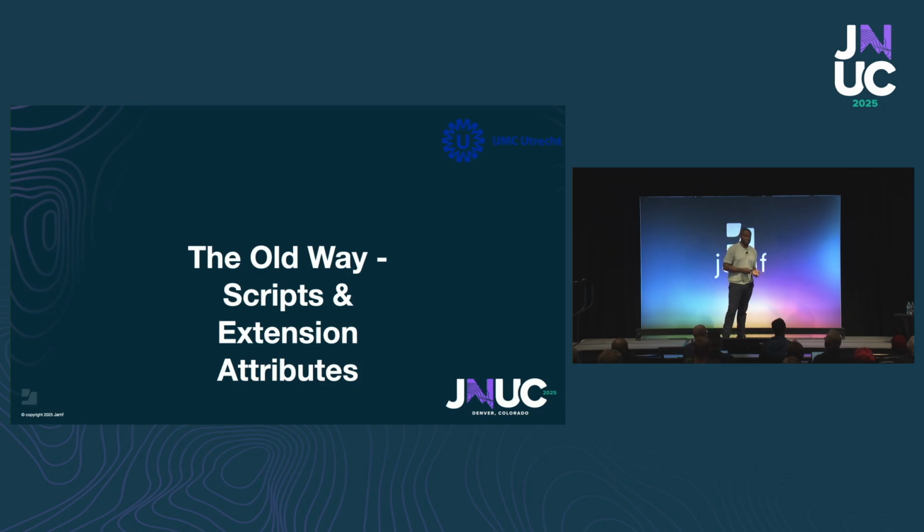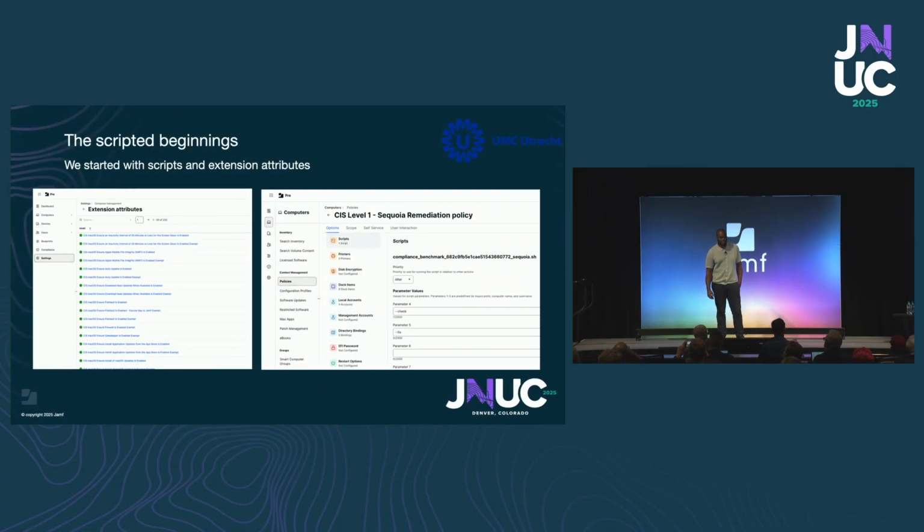We started with just using scripts and extension attributes to see how everything is working on our fleet. Like I mentioned, on our macOS fleet, everyone can be an admin for 30 minutes, which lets them change our security controls when they need it.